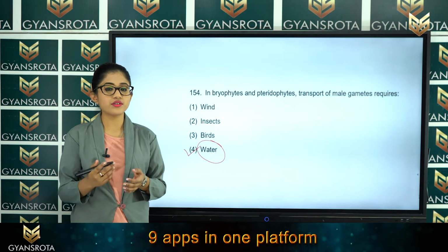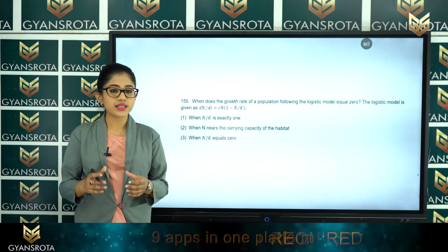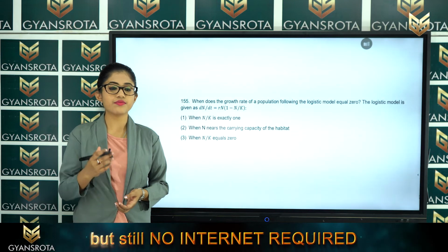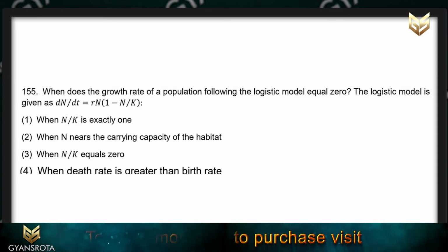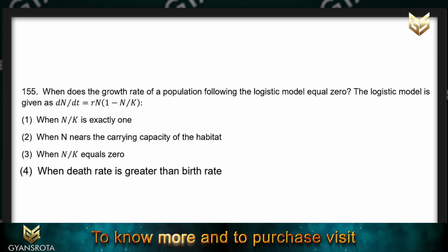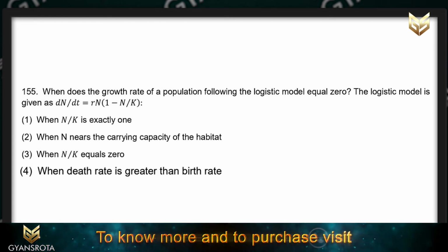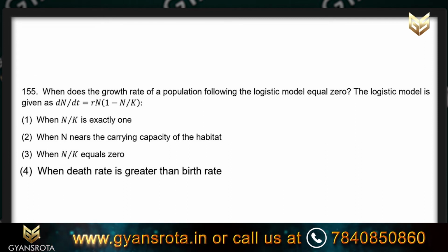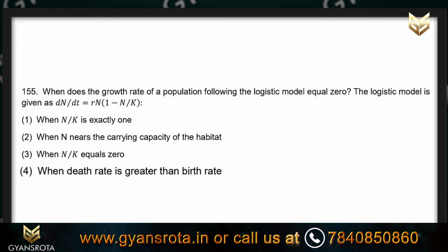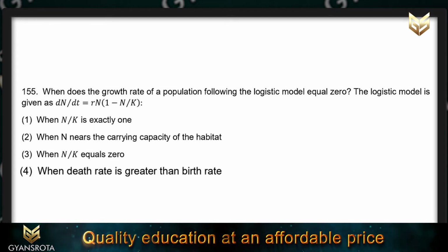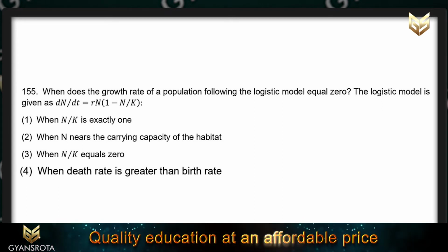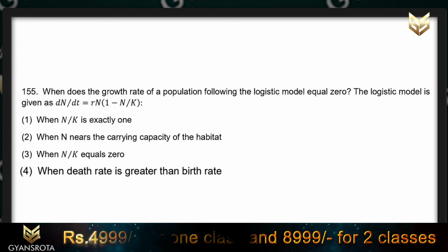Now, let us move on to the next question. Now, the next question is question number 155. When does the growth rate of a population following the logistic model equal 0? The logistic model is given as dN/dt = rN(1 - N/K), and the options are given.